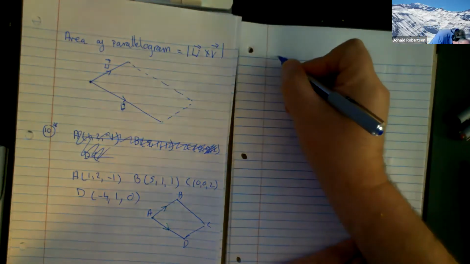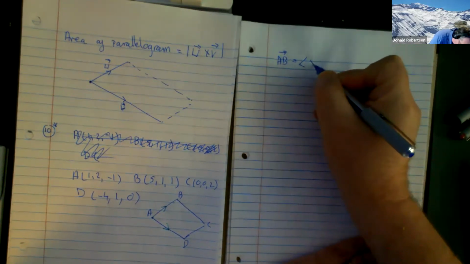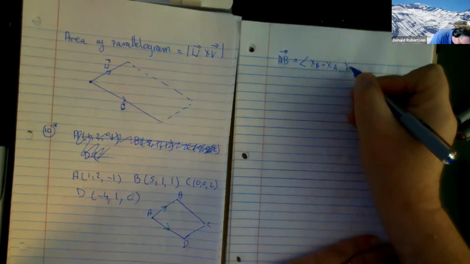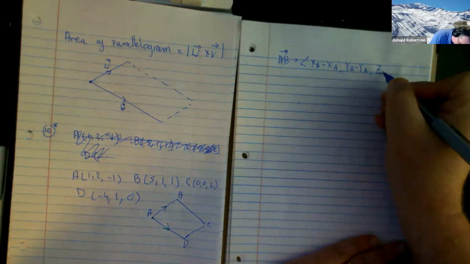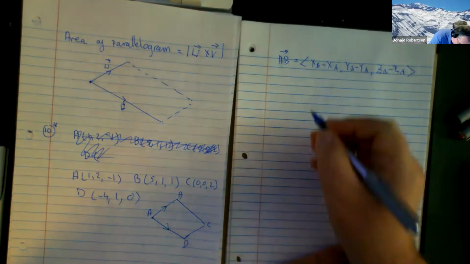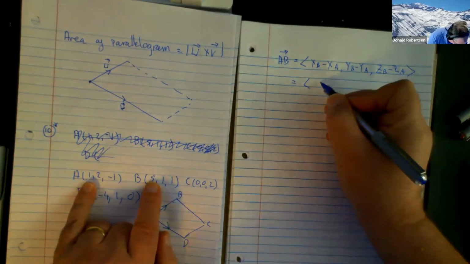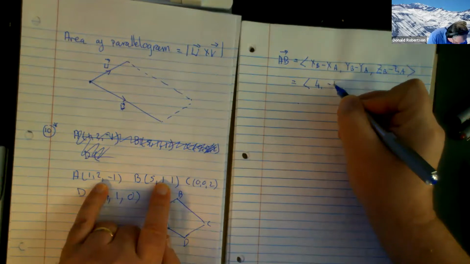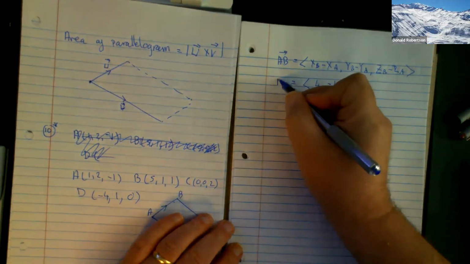So vector AB, you get that by, I promise not to do this formula, but since I've started it, I'll finish it. So 5 take away 1, second take away 1, second take away 1, second take away 1. There you go.